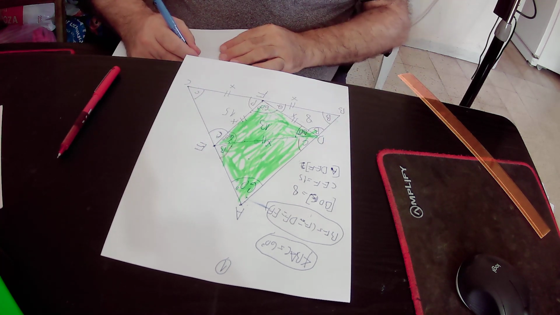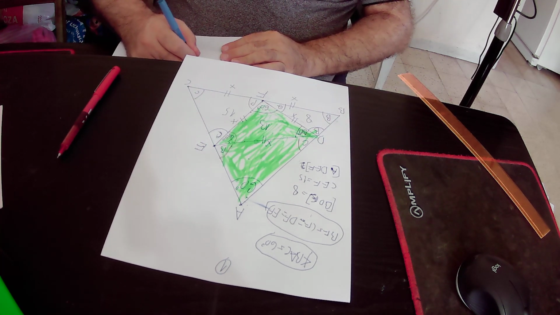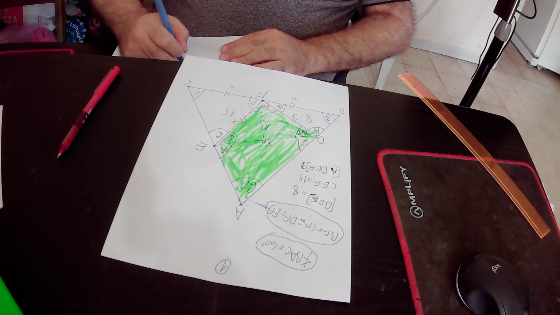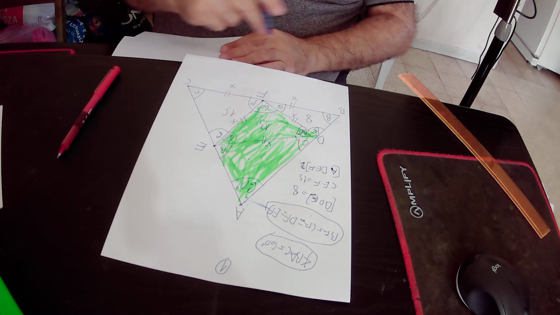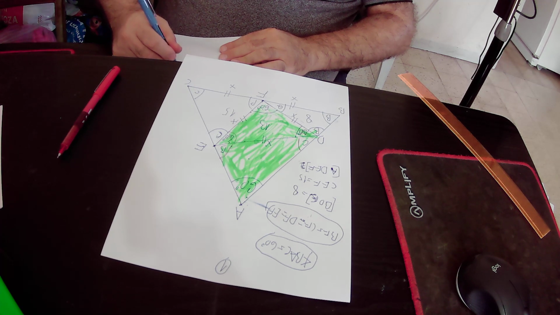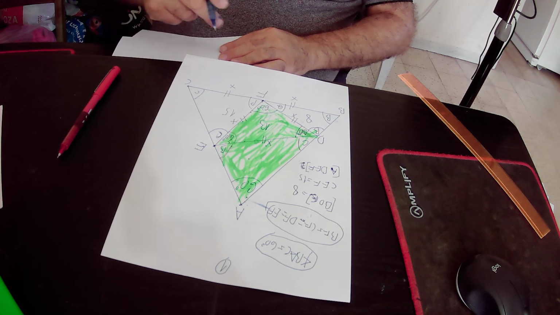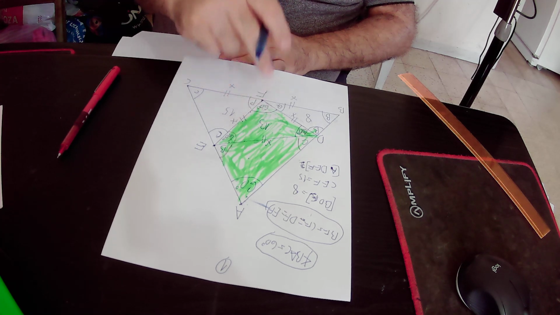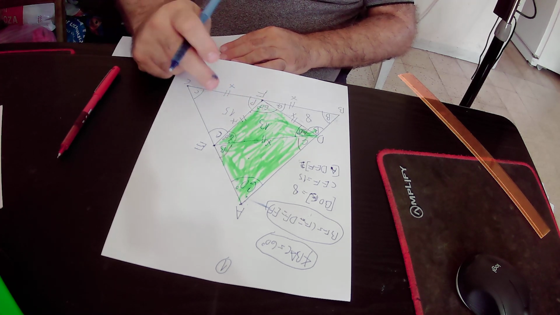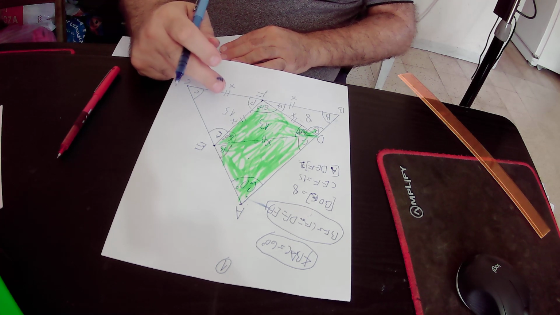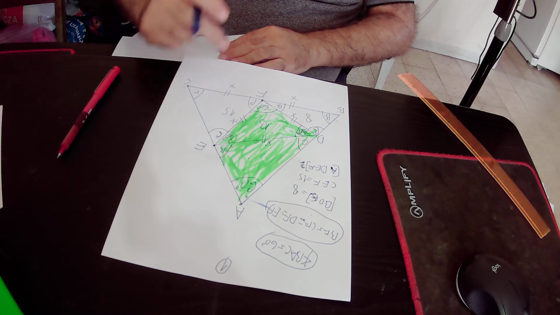The area of quadrilateral DBEC equals to the area of triangle BDF, that is 8 square units, plus the area of the equilateral triangle, that is 13 square units, plus the area of triangle FEC, that is 15 square units.